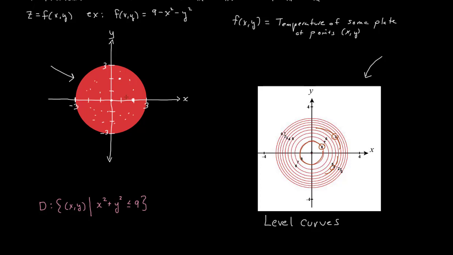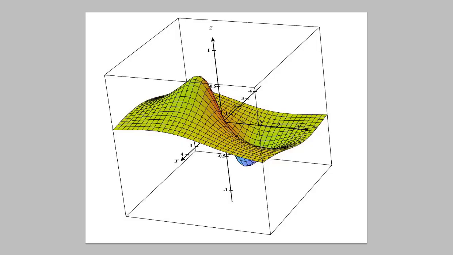So this is the plate. This is the plate here, and everywhere on this particular level curve, the temperature is 8. If I put my finger right on the origin, then the temperature is going to be 9. And these are still called level curves, but in reference to temperature, we will often call them isothermals.